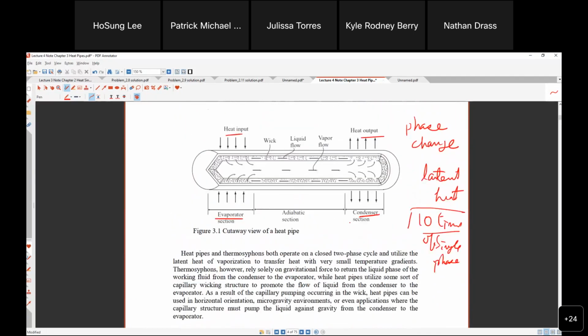Okay, so that's an evaporator and condenser, and here no heat transfer. Sometimes an adiabatic section. Okay, so if there is an adiabatic section, there's no heat transfer. Something like that.